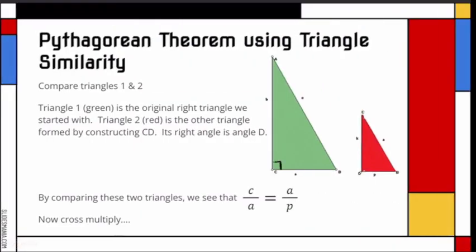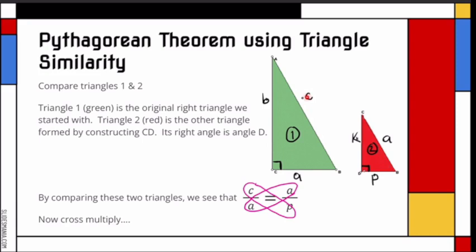Now we're going to compare the original triangle 1 with triangle 2, the red one. Again, this is B, this is C, and this is A. And now this is A, this is K, and this is P. So all we did was basically give the sides different letters. I would go back to the original one and show you where the sides are, but I think it might be a little confusing.